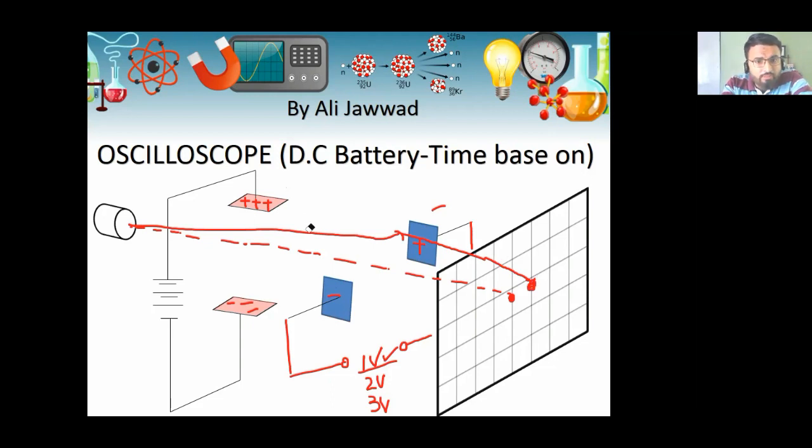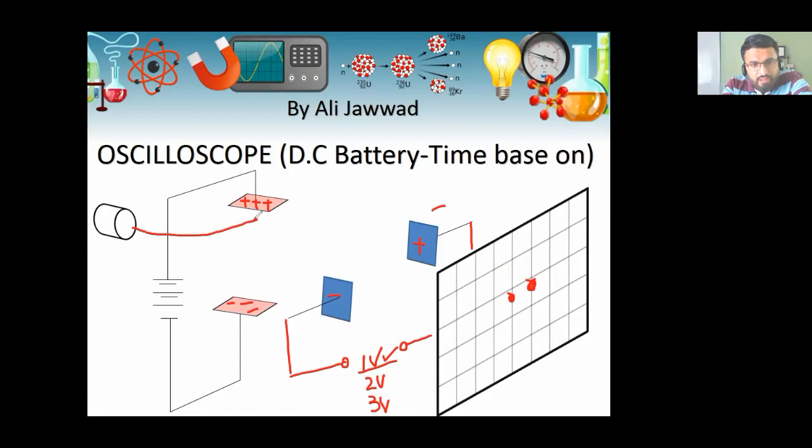Now let us talk about the third electron, which is incoming. When the third electron comes in from the electron gun, it will bend by the same amount along the vertical axis, because a DC battery is attached and there is no voltage change on the vertical plates.